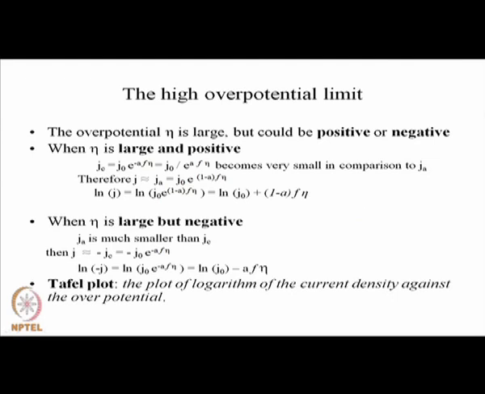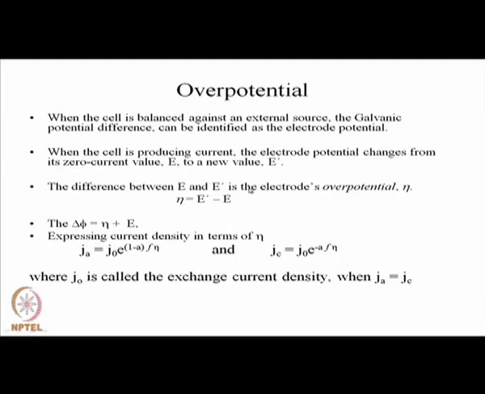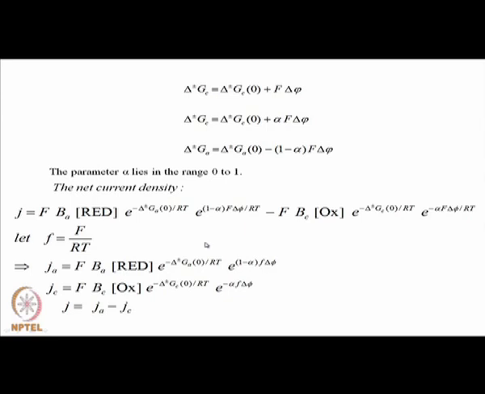Now, this is basically the Tafel plot, the plot of the logarithm of current density against overpotential. So again let us go back to Butler-Volmer.